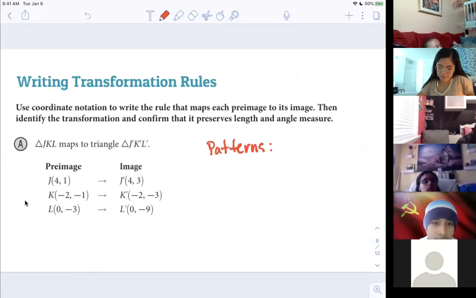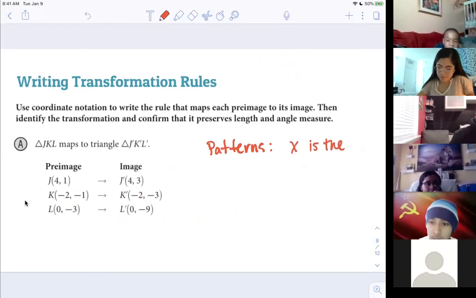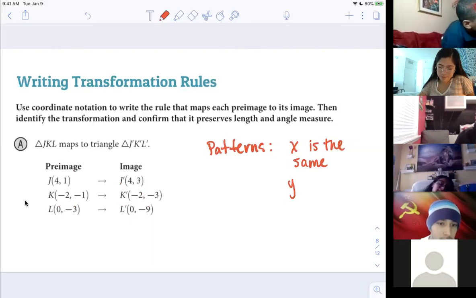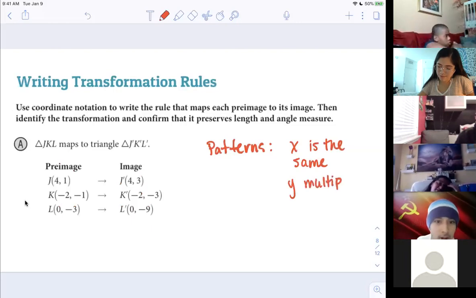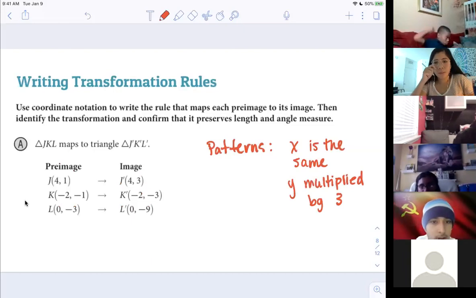The x is still the same. How about the y? Multiplied by 3. Good. Multiplied by 3.